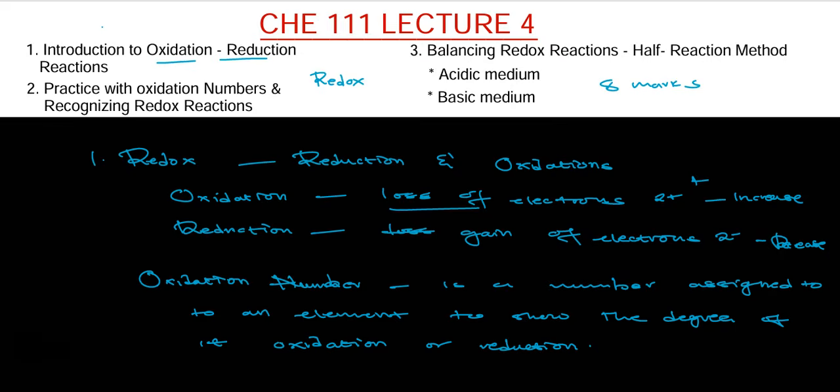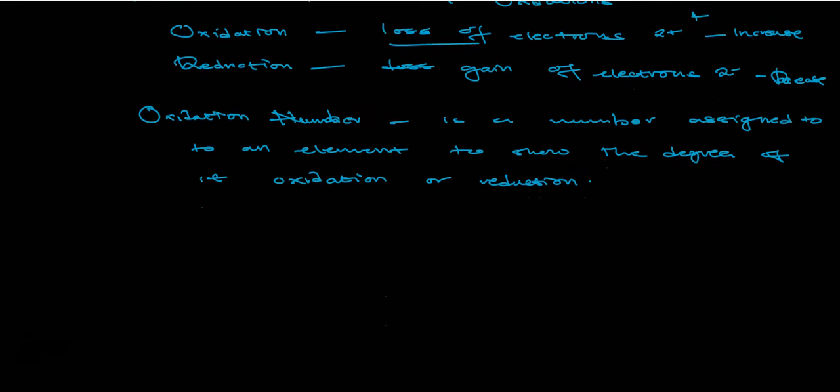Let me try to give an example. Let's give a reaction between zinc metal and copper 2 ion, producing zinc ion and copper metal.